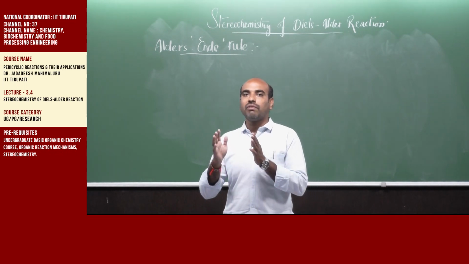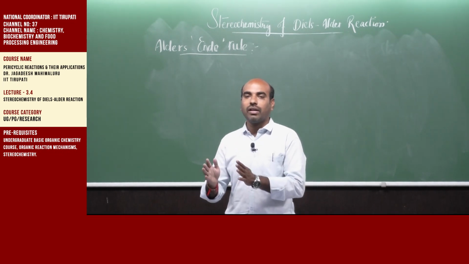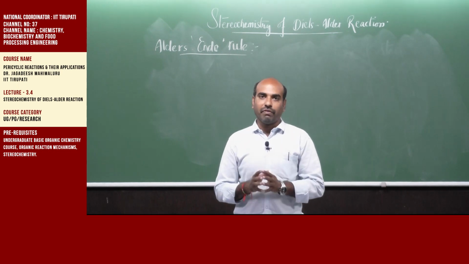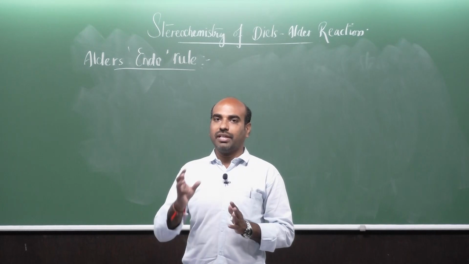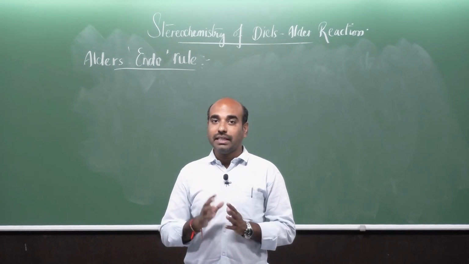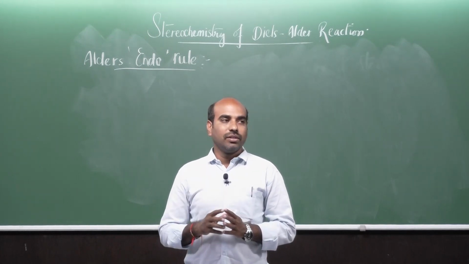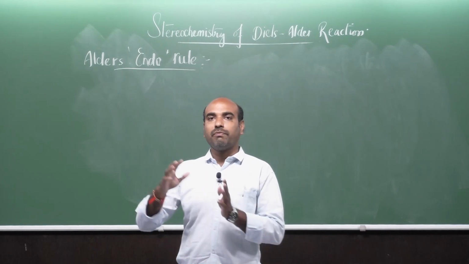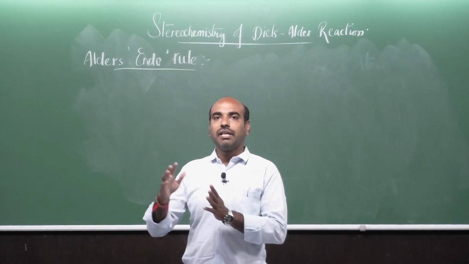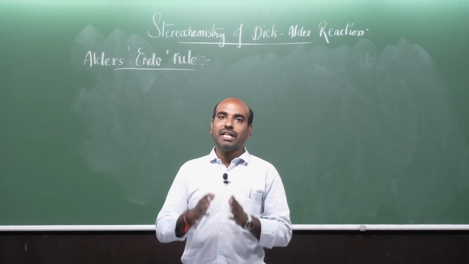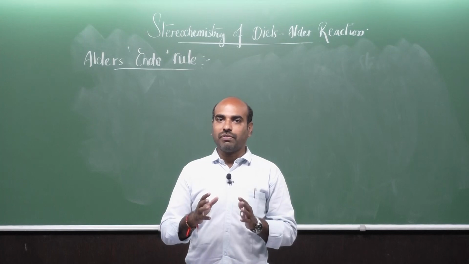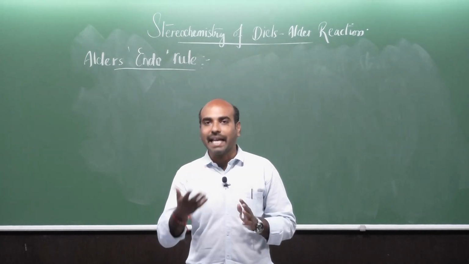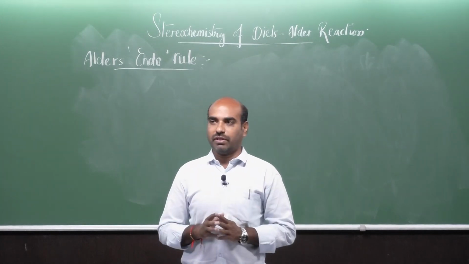When such unsaturated groups are connected to the dienophile, in conjugation with the double bond, then to his surprise, he observed that the final product is giving two isomers. One is an endo isomer and the other is an exo isomer. So first of all, we need to know what an endo isomer is and what an exo isomer is, right.